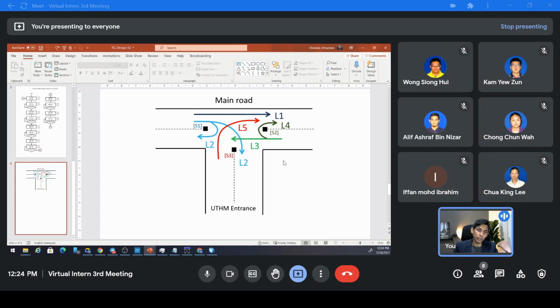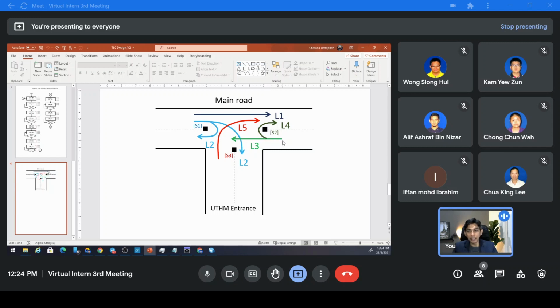If you go to the Tesco junction, now it is Lotus, right? Not Tesco anymore. In Taman Yu. The traffic light there uses a camera instead of the loop detector.